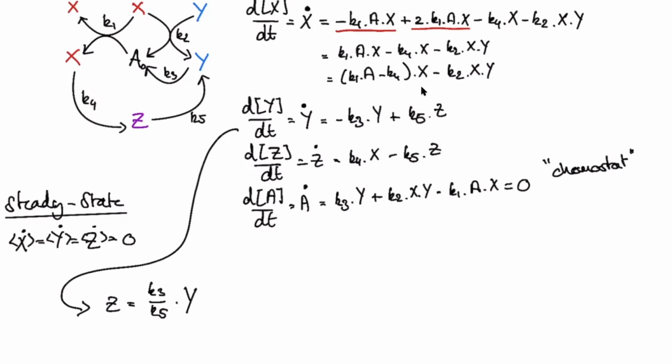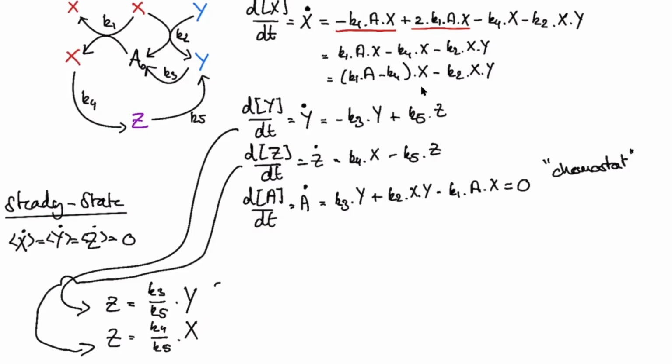And from the third line, from this one, we can see that X equals K4 over K5 times X, this is true.